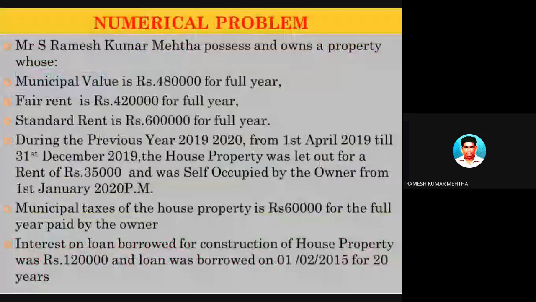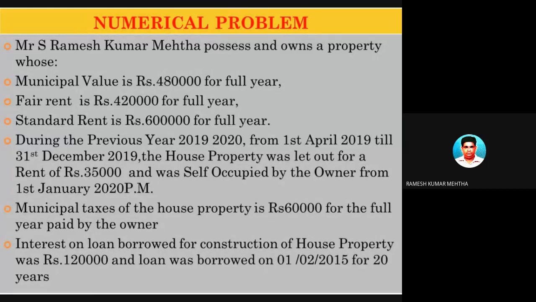Mr. S. Ramesh Kumar Mehta possesses a house property, the details of which are given as follows. The municipal valuation of the house property for the full year is 4,80,000 rupees. Fair rent is 4,20,000 rupees, and standard rent is 6 lakh rupees.